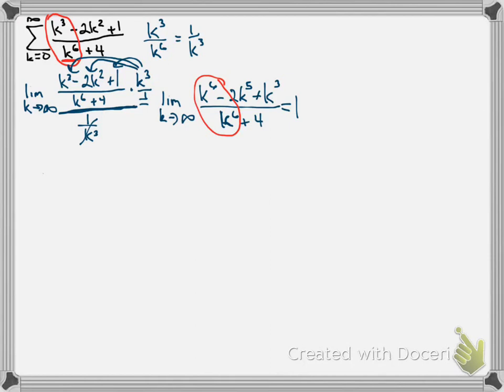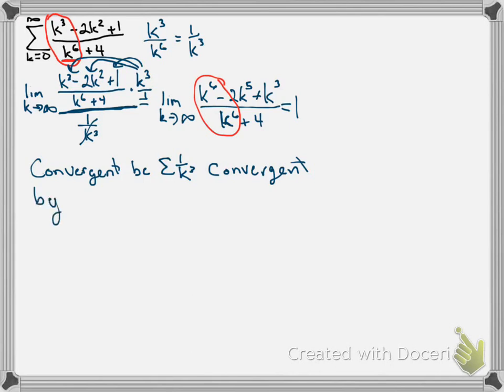So we get that our series is convergent because the series 1 over k cubed is convergent by p-series, and we also used the limit comparison test.